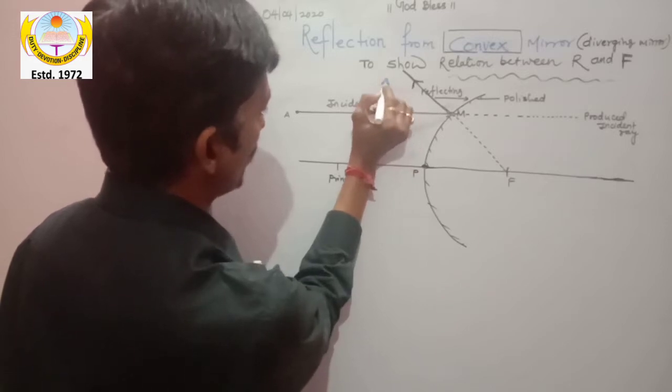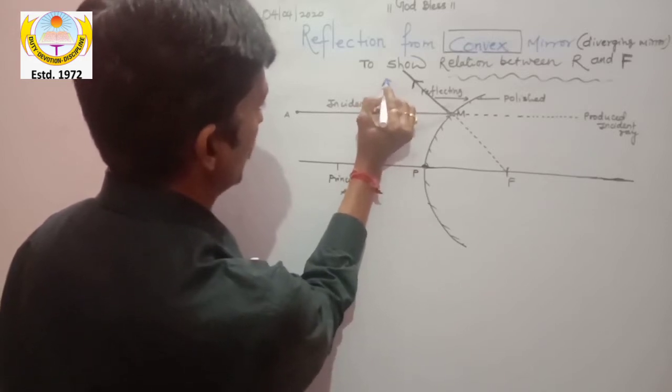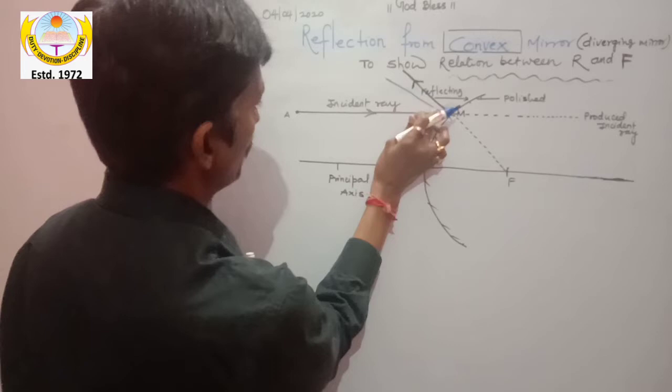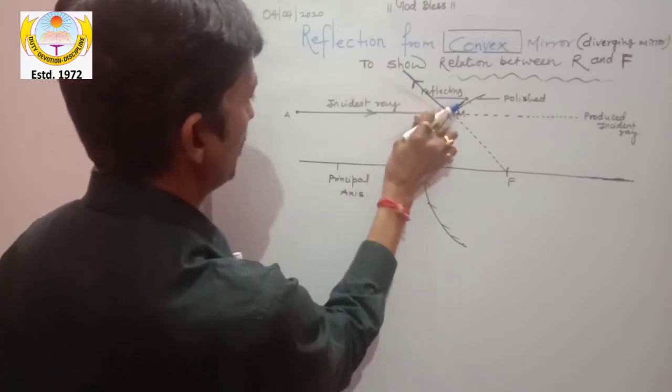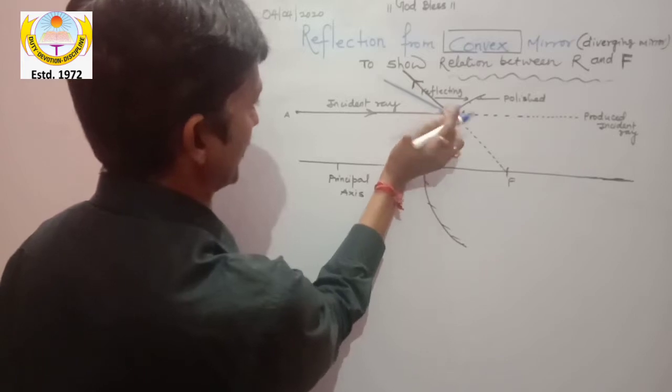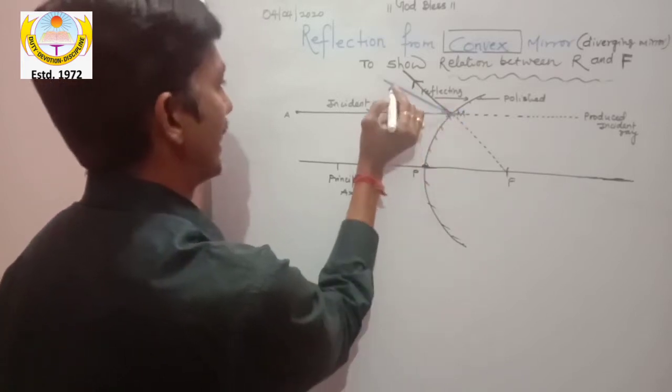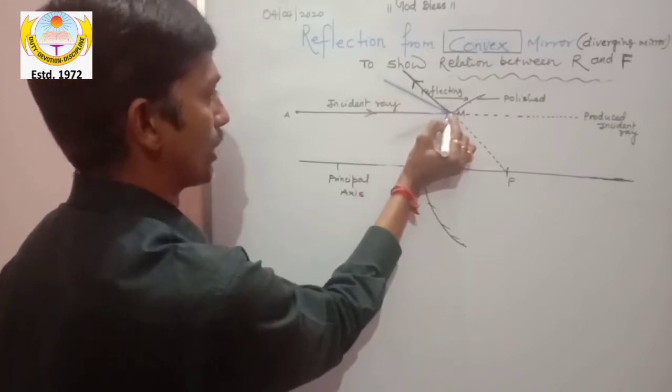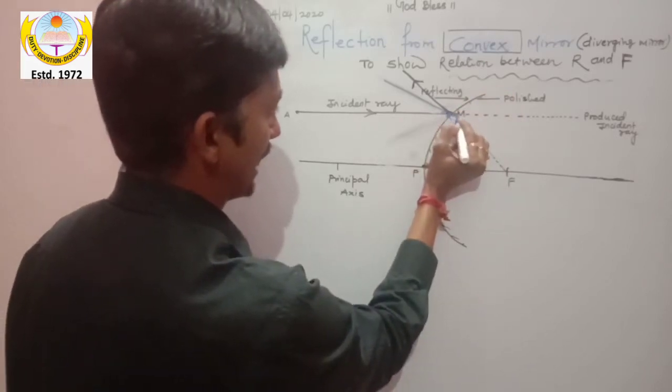Now my dear, let us draw the center of curvature. So you all know center of curvature, the ray will be called normal ray, because I told you any ray passing through center of curvature is nothing but radius, and the radius always acts as a normal to the mirror. So this is the center of curvature.